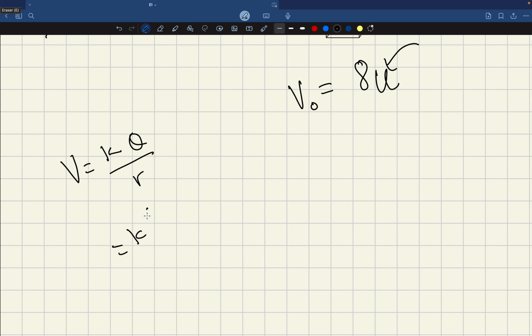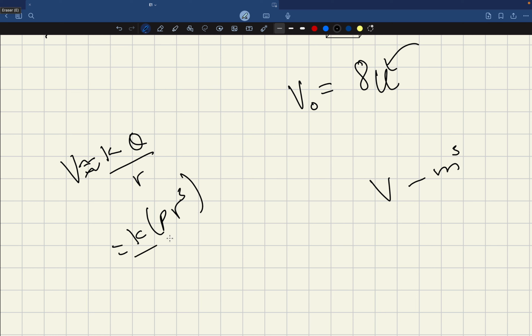We would have k rho, and now this would multiply by some volume. This is not an exact value for a cube, we're just finding the dimensions for it. The rho would multiply by some value in r cube, because volume is of meter cube. So let's just say this is some value r cube.